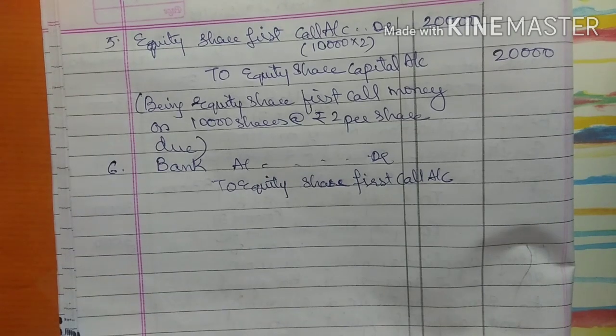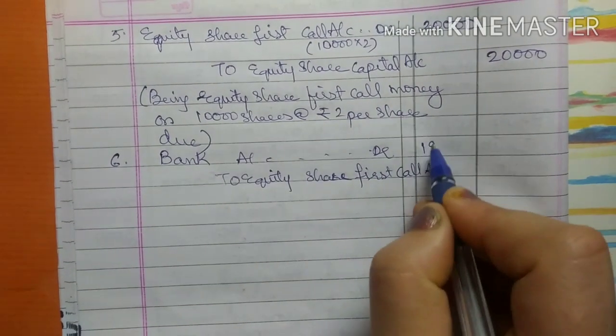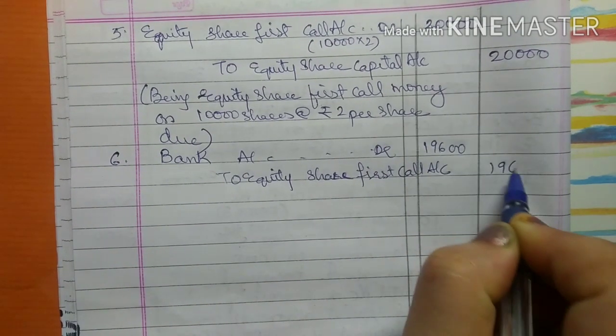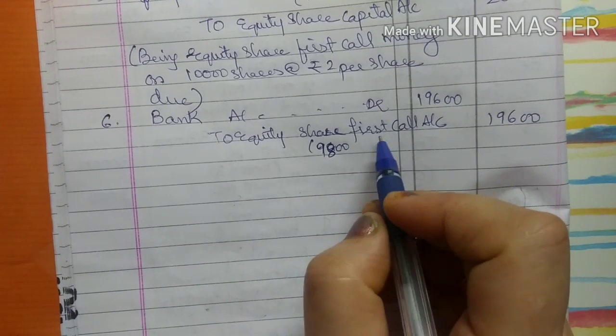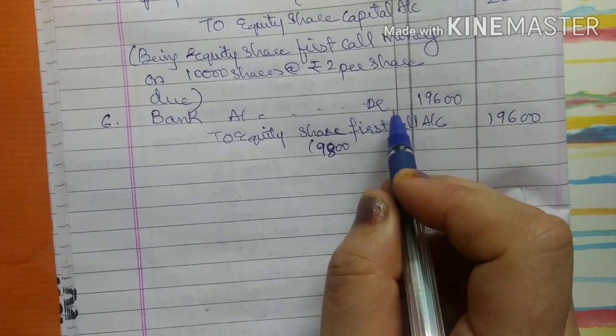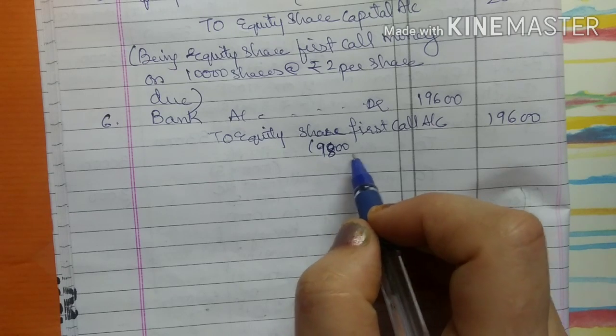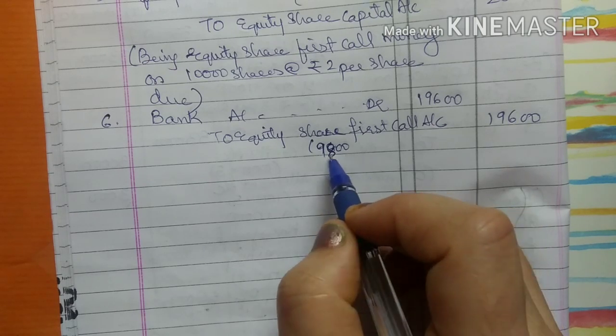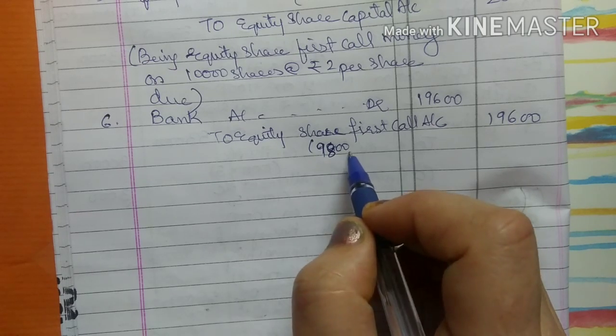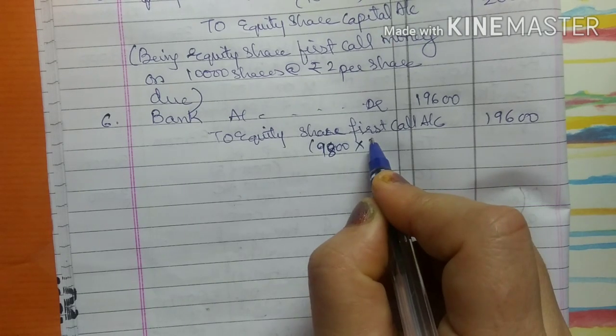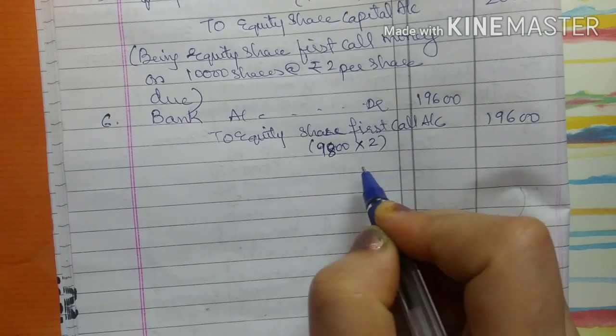So the entry will be only for 19,600. So see here, 10,000 were the shares and 200, that is Mrs. Shobha was holding 200 shares. So 10,000 minus 200 is 9,800 into how much? 2 rupees per share.